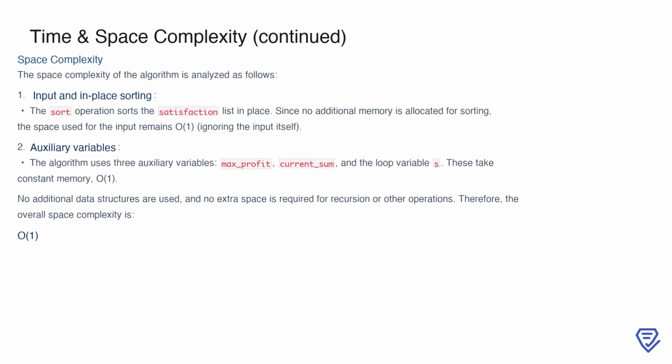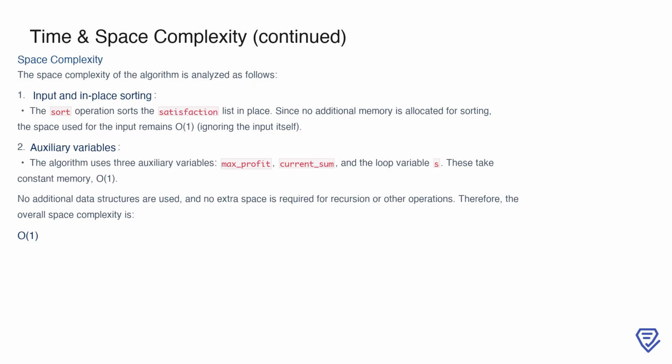Now let's evaluate the space complexity of the algorithm. The sorting step is done in place, meaning the input array is rearranged directly without requiring additional memory allocation. As a result, the space used for sorting is O(1), ignoring the space required to store the input itself. Additionally, the algorithm uses only a few auxiliary variables, max_profit, current_sum, and the loop variable s.